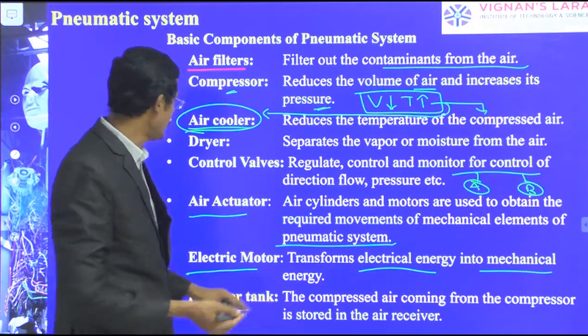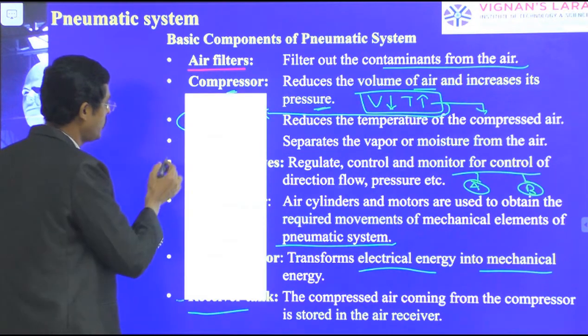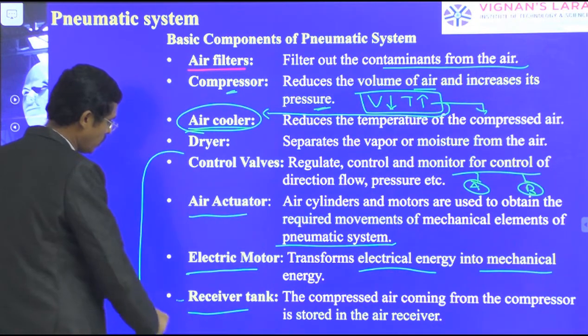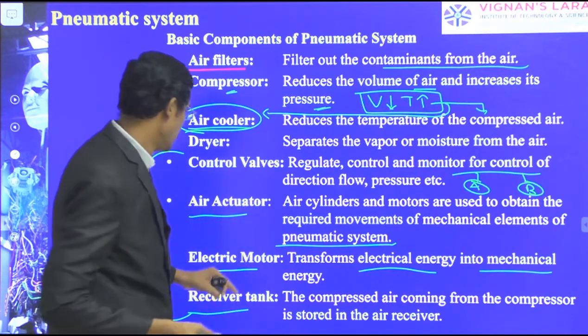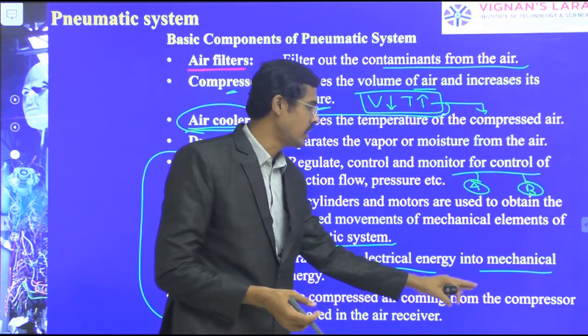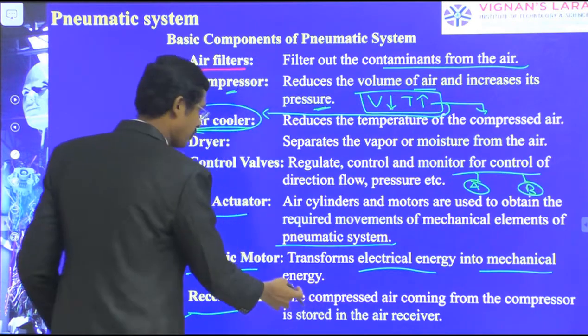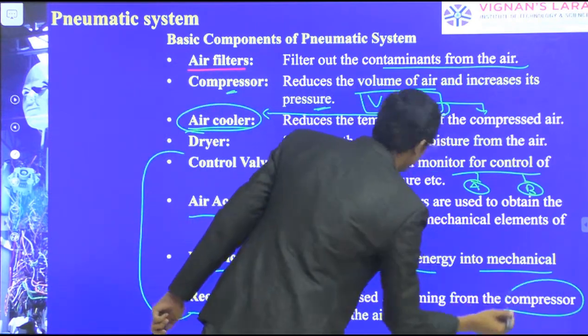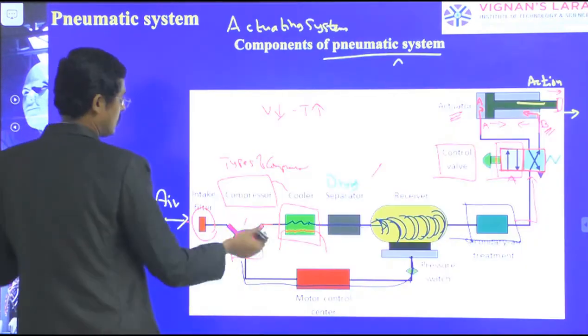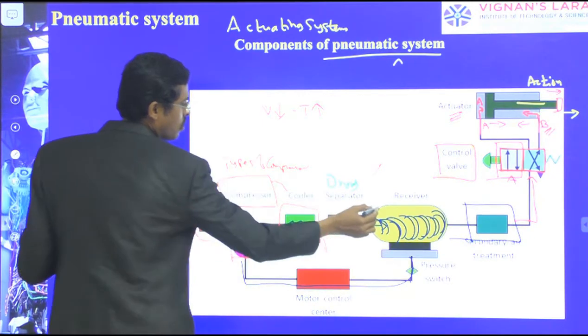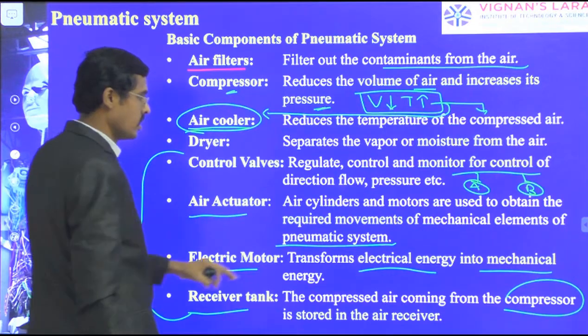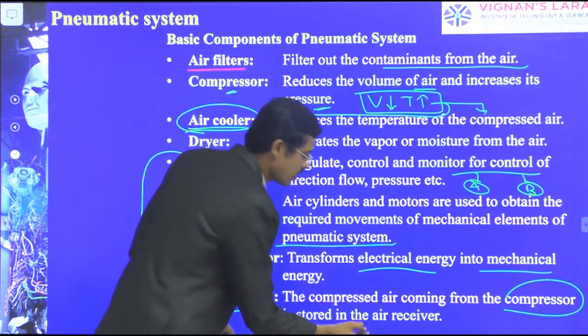And then the reservoir tank. After the dryer we have storing. So at last it's just a storage. The compressed air coming from the compressor is stored in the air reservoir.